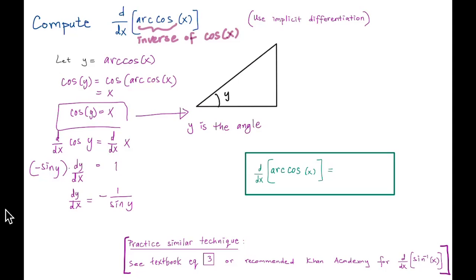And cosine y equals x means that I should write x as the length of the adjacent side. So 1 should be my hypotenuse.